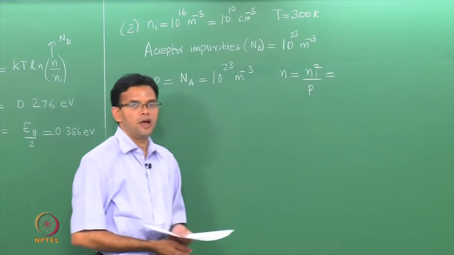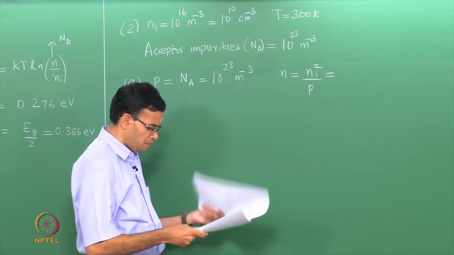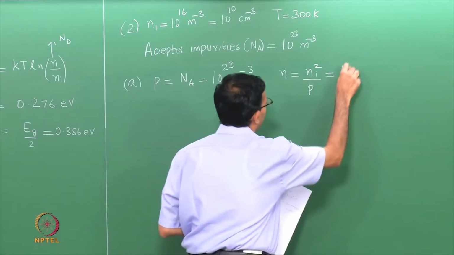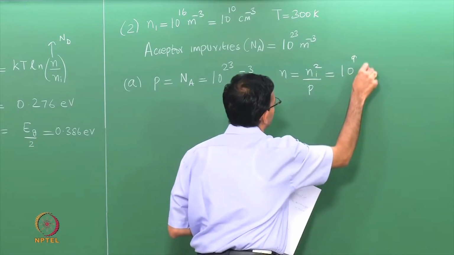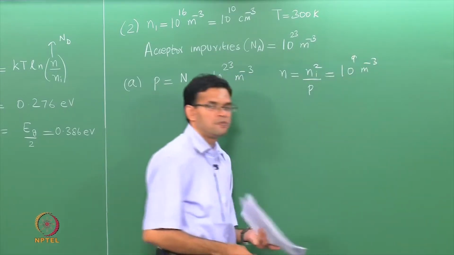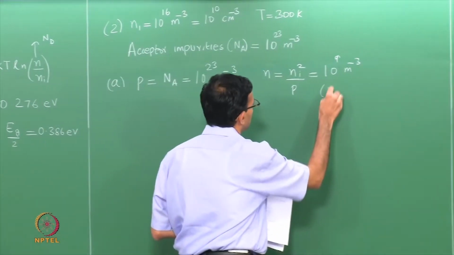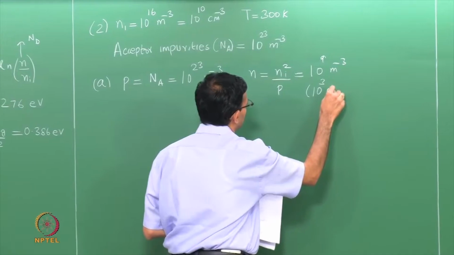N is equal to Ni square over P. So, we can do the numbers. N is 10 to the 9 per meter cube. If you want to convert these to centimeter cube, divide by 10 to the 6.